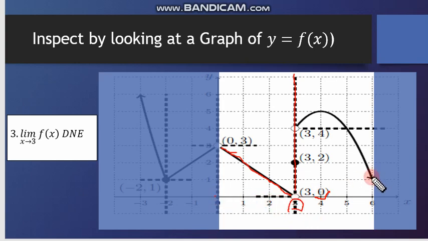Now, from the right side, as we trace our graph to x is equal to 3, our y is equal to 4. Therefore, the limit does not exist because at the left side, the limit is different from the right side.